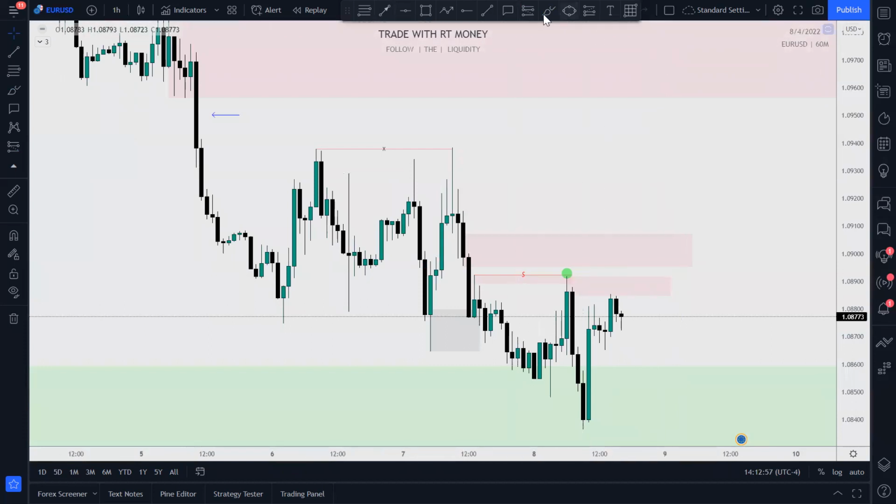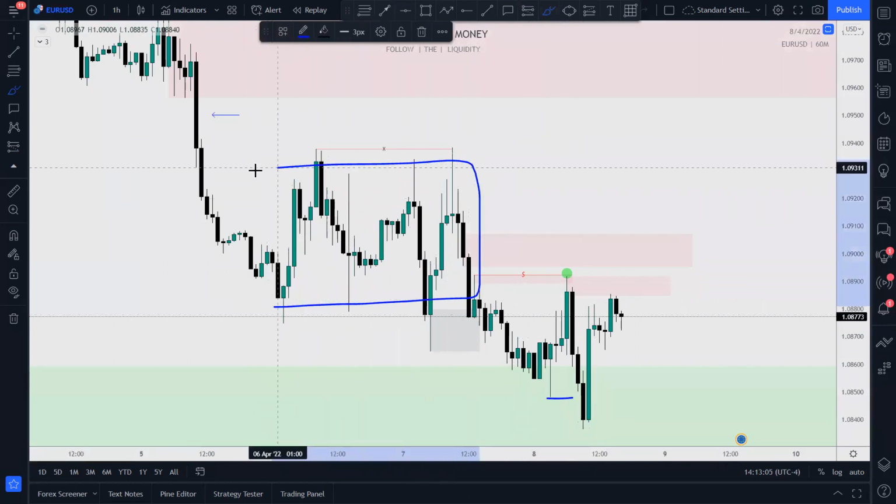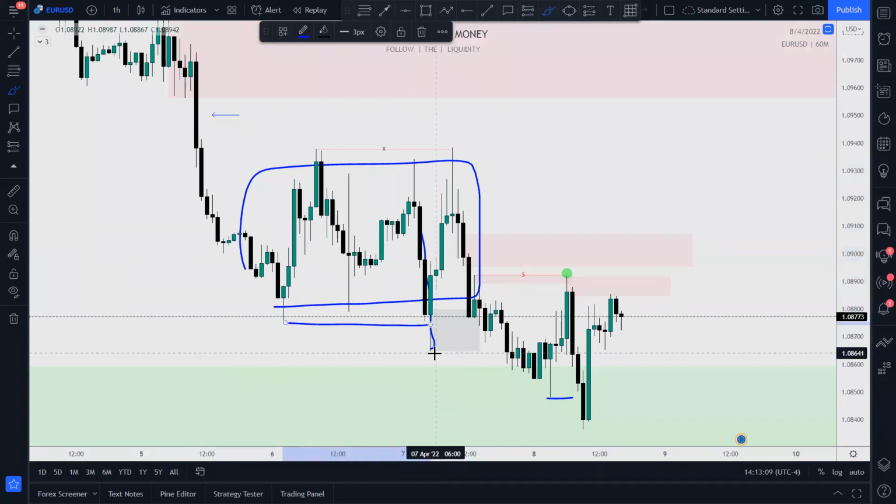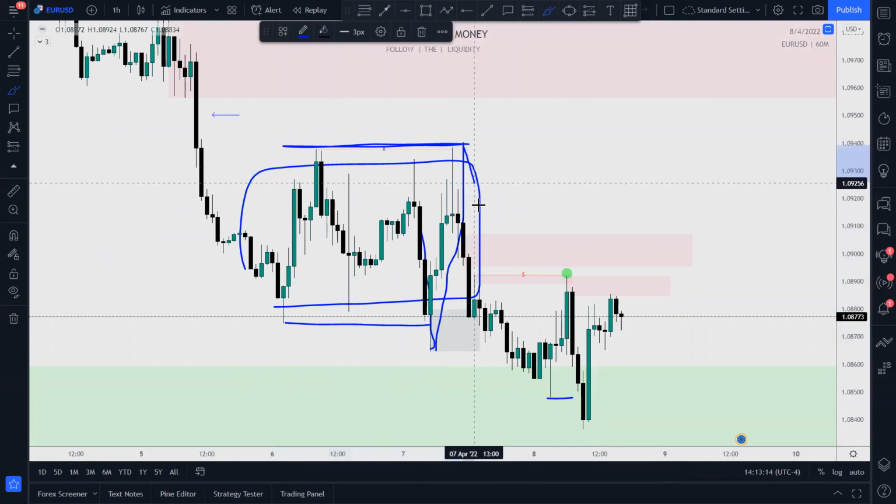events that could reverse price, all right? But what I want you to notice here on the technicals is that price traded down. We had this consolidation here. Price manipulated the lows, took them out, came up, took out that high, and then we're coming back for more.